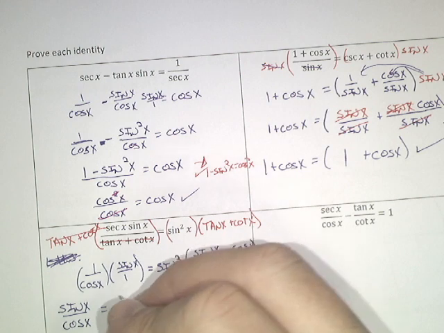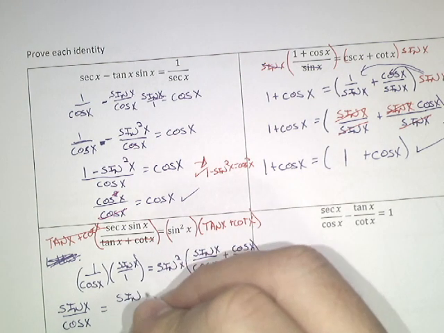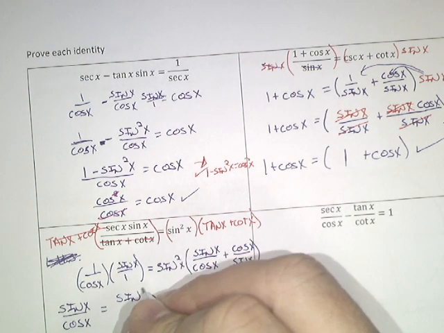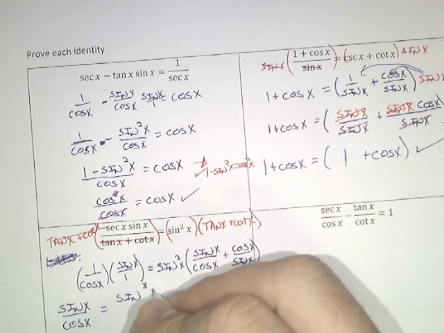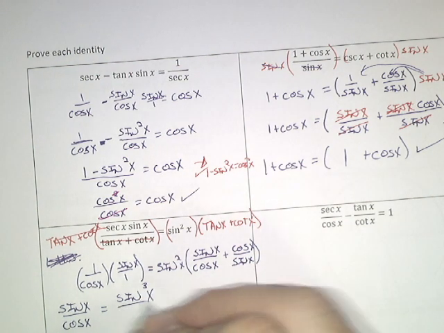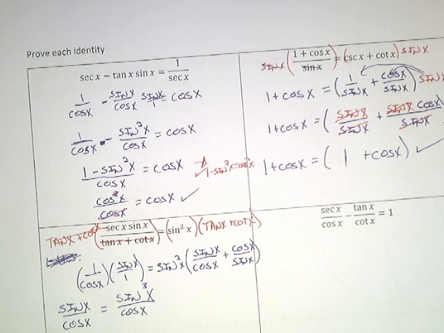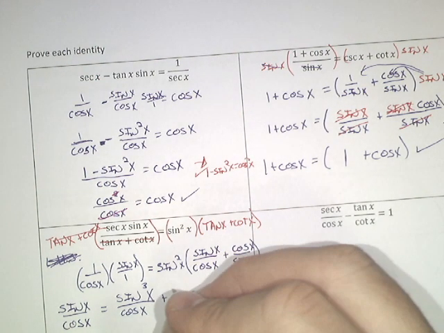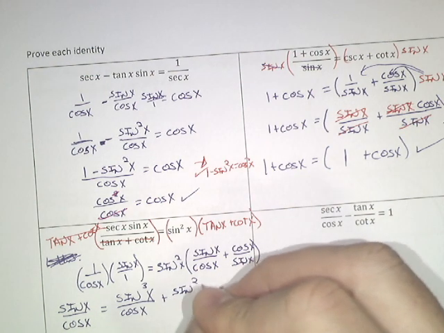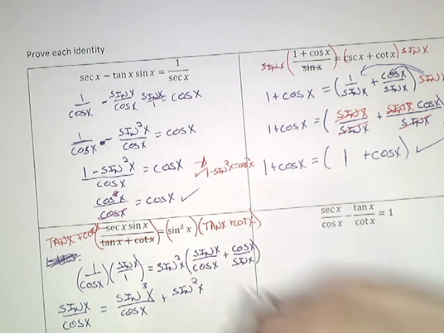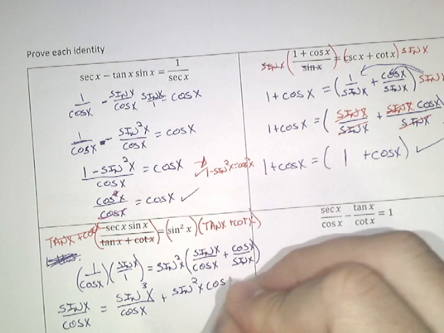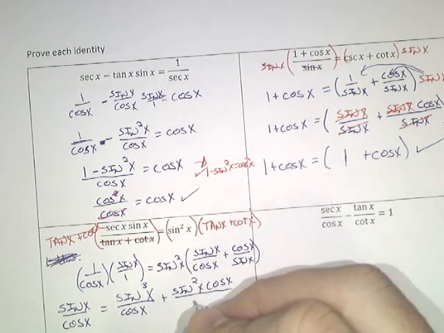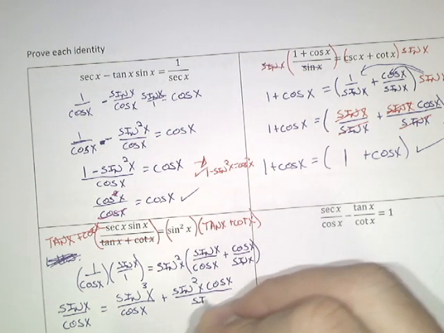And let's distribute this. We get sine times sine is sine to the third x over cosine x. And then we are going to do sine squared x, so we distribute this to the next fraction times cosine x over sine x.